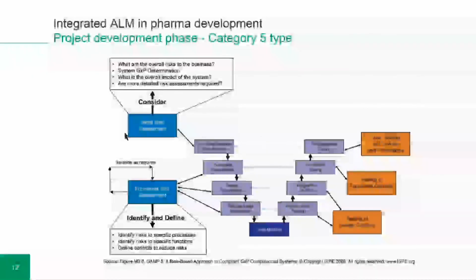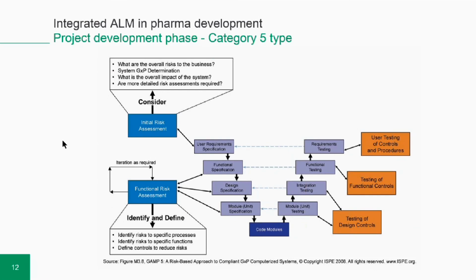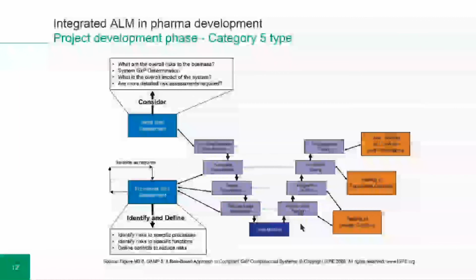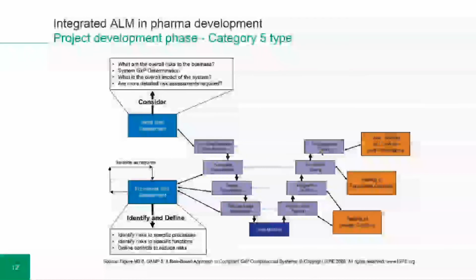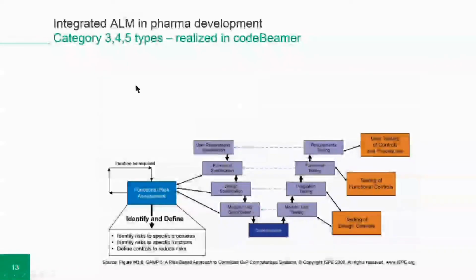And as you will see, we implemented all this within Codebeamer. So this involves not only configuration tests for configured software parts, but also functional tests, which are also called operational qualification for parts, and also the user in the end has to create and drive performance qualification for the complete system. So now I show you what we have implemented within the Codebeamer template.